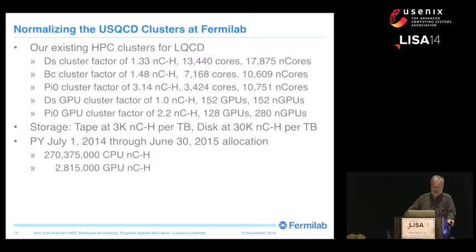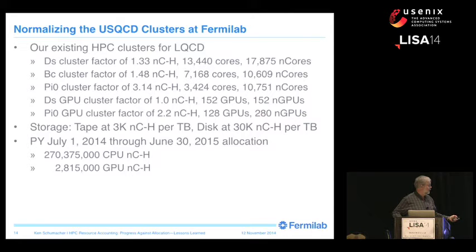So the existing clusters, I mentioned DS. We take core hours on the DS node and we multiply them by 1.33, and that gives us an equivalent of JSI core hours. So the DS nodes are about 1 1/3 times as fast as the JSI cluster. I mentioned before that there was 13,000 cores.